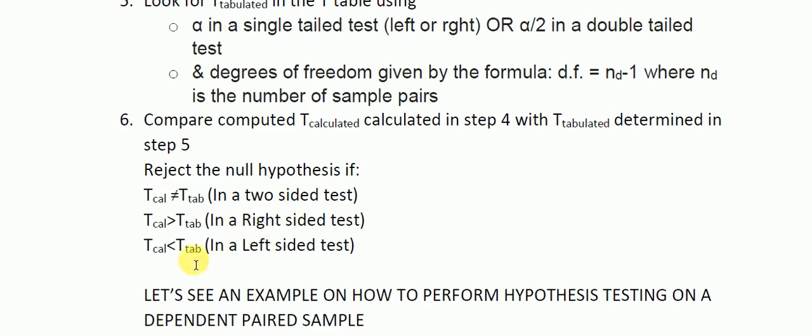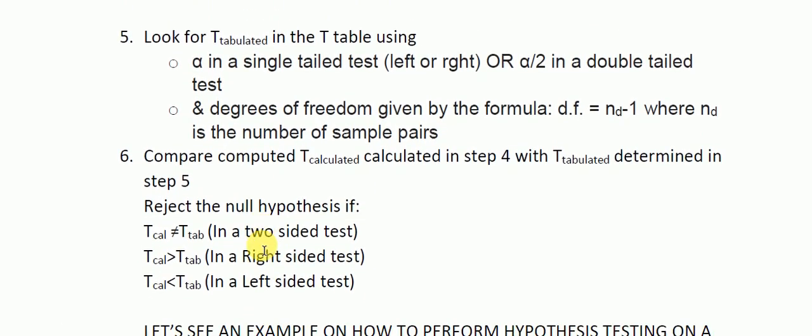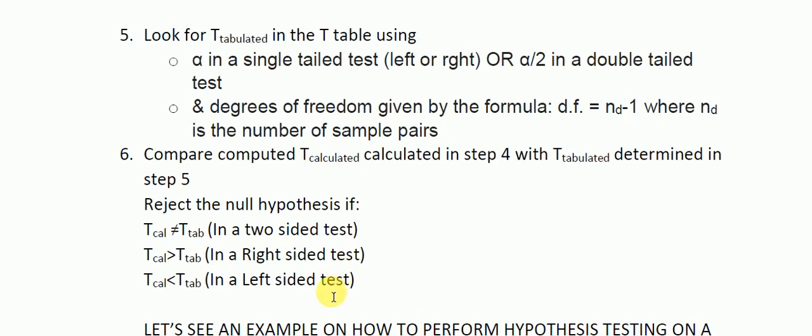In a right-sided t-test, if T calculated is more than T tabulated, it gets rejected. And in a left-sided t-test, if T calculated is less than T tabulated, the null hypothesis gets rejected. So you'll have to remember the situations where we have to reject the null hypothesis.